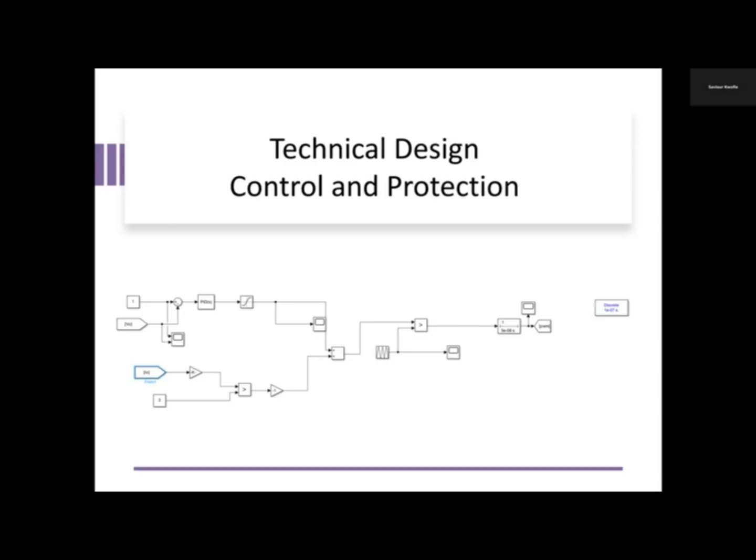If the current continues to rise and triggers comparator 2, a shutdown latch is activated, forcing the pulse width modulation signal to 0 and disabling the converter.